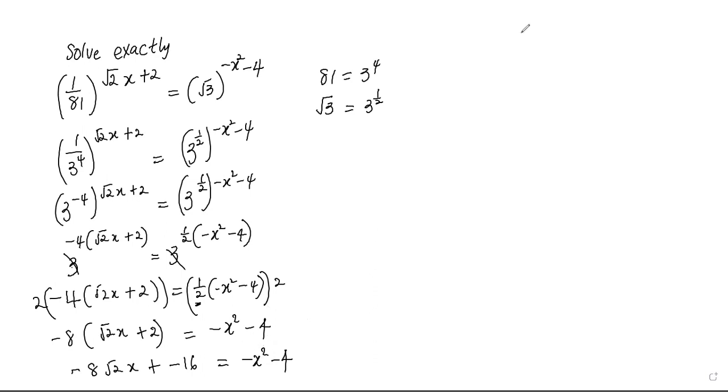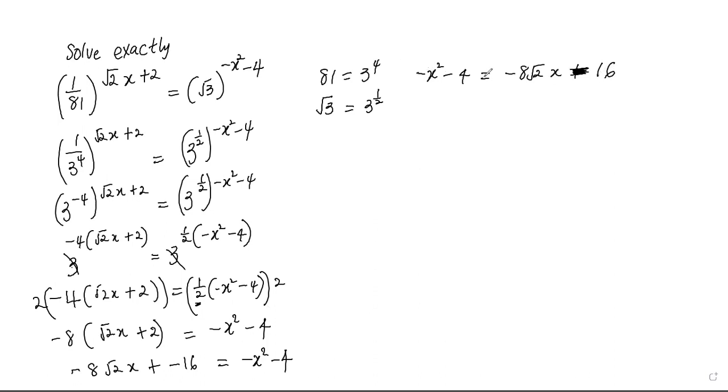So here we have minus x squared minus 4 is equal to minus 8 root 2x, plus minus 16, which is the same as minus 16. Yeah, so this is what we have right now.